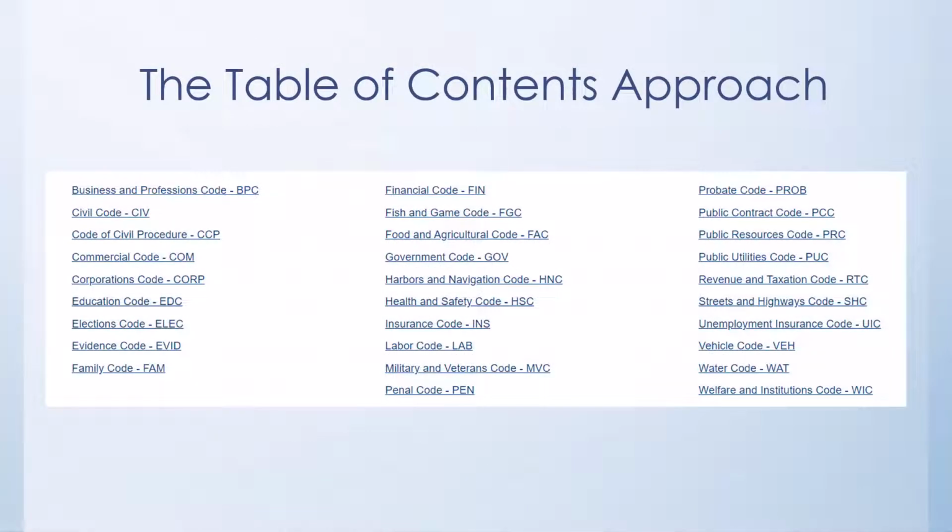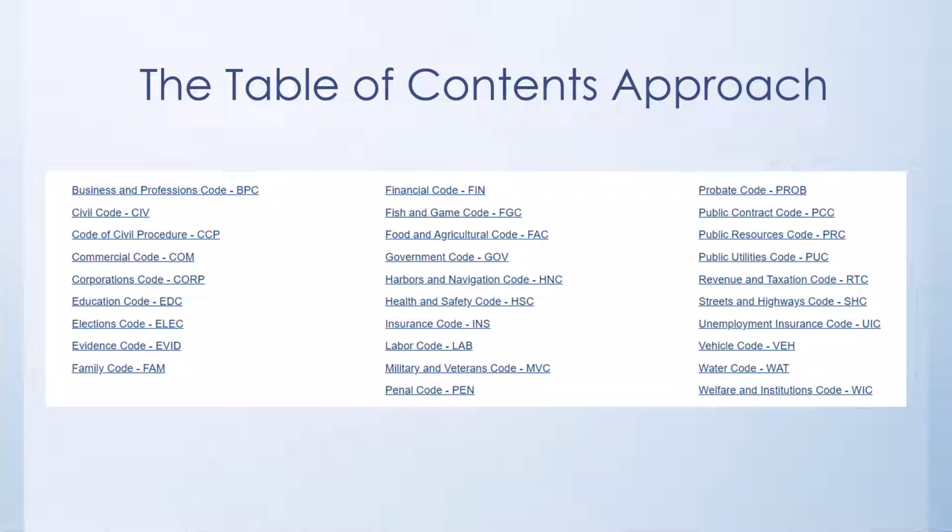So do you remember this list of codes? One way to look at this is that it is the top level of a table of contents of the California codes. It's kind of like a list of chapters in a book. If you know enough about the law and enough terminology, you probably can determine that the best place to look is the probate code.